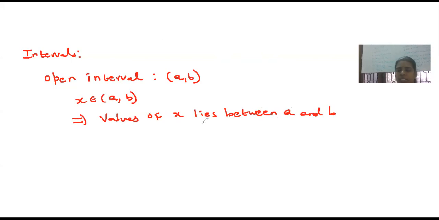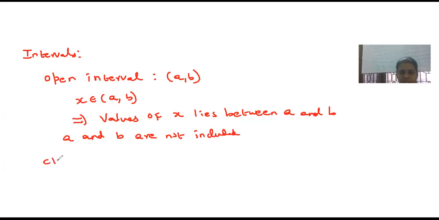Okay? So this is our open interval. Here a and b are excluded, a and b are not included. Understood? This is the open interval.